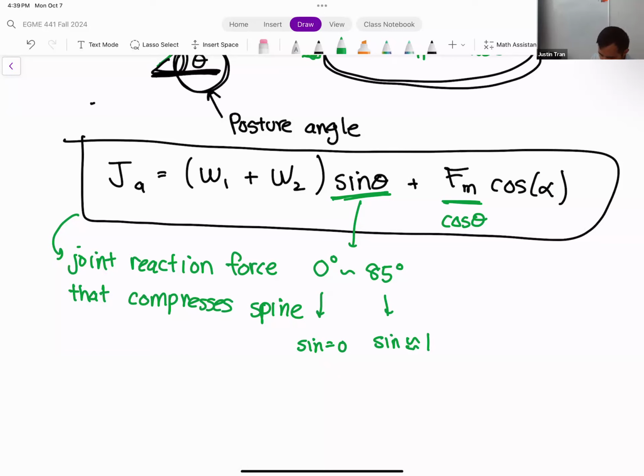But then we know that FM has the opposite behavior. The muscle force is going to reach a maximum at 0 degrees and a minimum at full, straight posture.